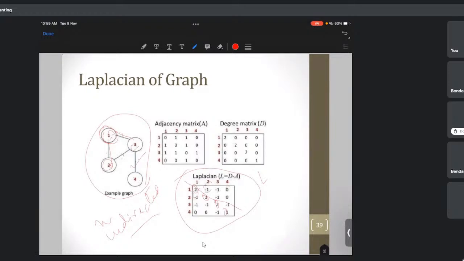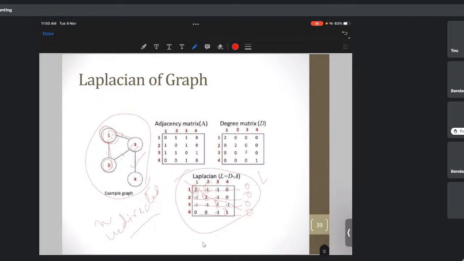Also, if we closely observe this matrix, we can see that the sum of each row is equal to 0. And from the theory of linear algebra, we know that if the sum of each row is equal to a fixed number, then that is an eigenvalue of the matrix. So 0 is always an eigenvalue of the Laplacian matrix.